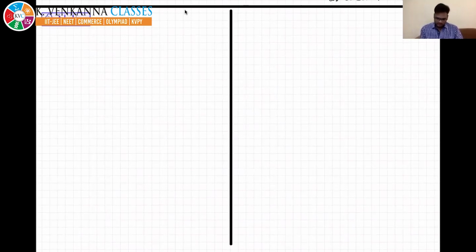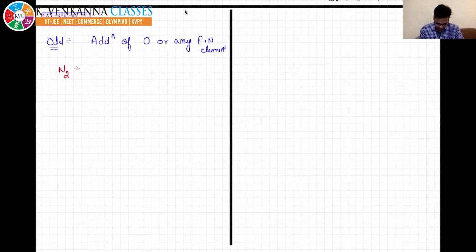Oxidation, in the old concept, meant addition of oxygen or any electronegative element. For example, nitrogen and oxygen give N2O5. I am not balancing it. So in this case, nitrogen is getting oxidized.